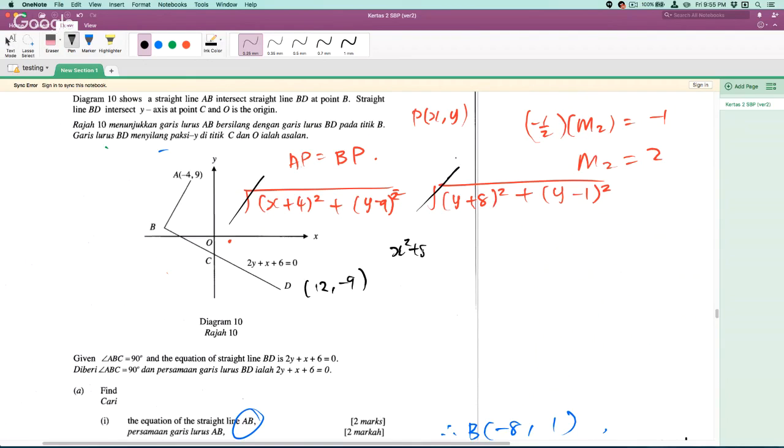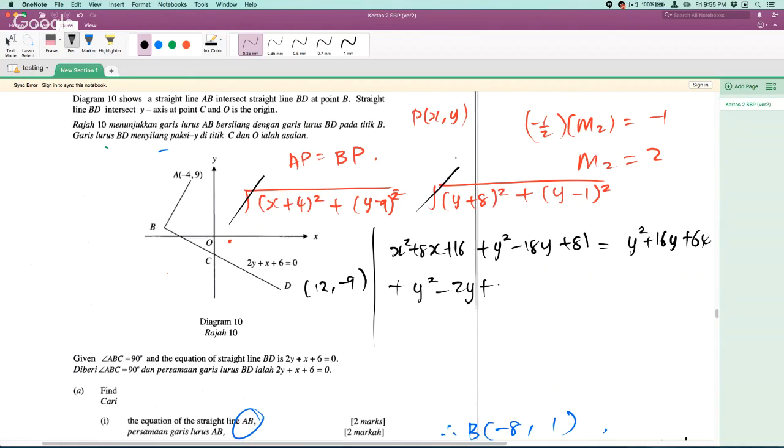This is x squared plus 8x plus 16 plus y squared minus 18y plus 81 plus y squared plus 16y plus 64 plus, where's the equal sign? Where's the equal sign? Oops, sorry. Here should have an equal sign here. Okay, okay. Here will be plus y squared minus 2y plus 1.